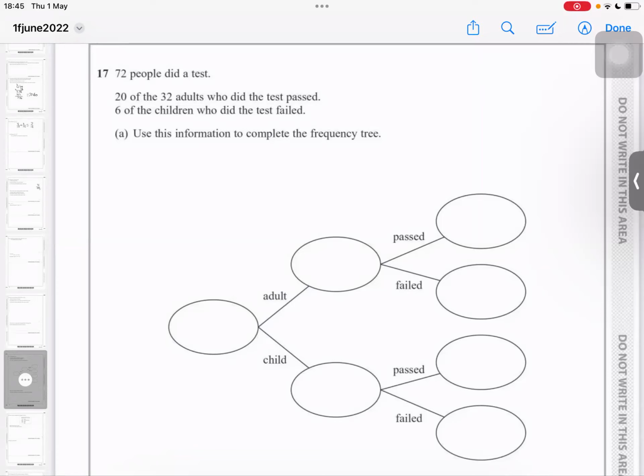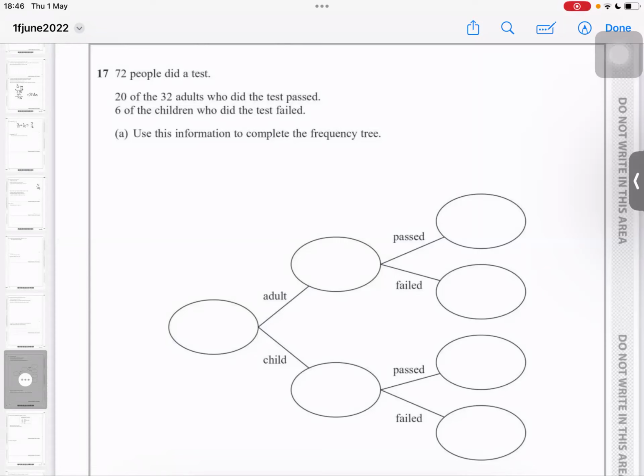Okay, so this one is something that has to do with probability. It says 72 people did a test. 20 out of 32 adults who did the test passed.